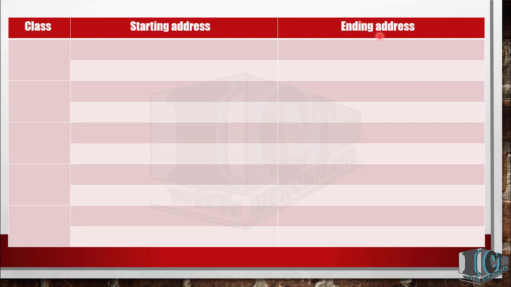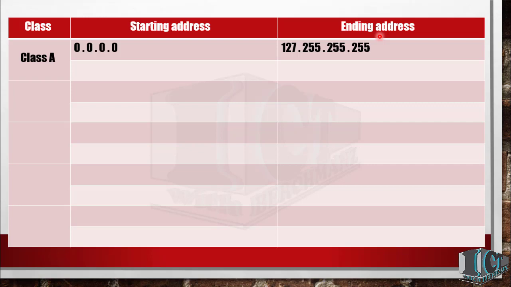Let's see for class A. The starting address would be all zeros, and we know the range of class A is from 0 to 127. So the ending address should be 127.255.255.255, because that will be the last address of 127 that you can see.